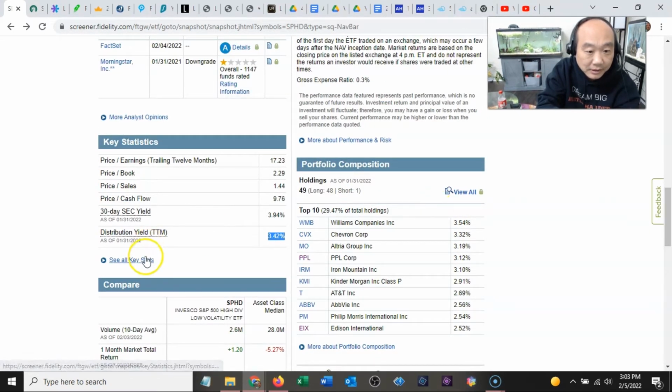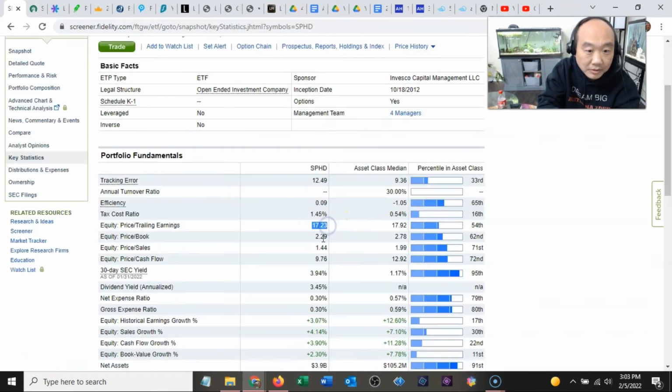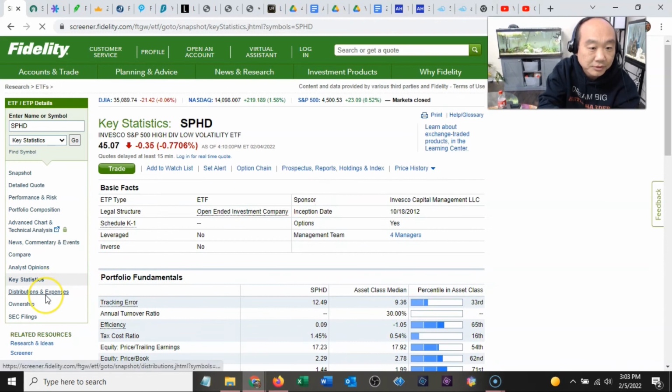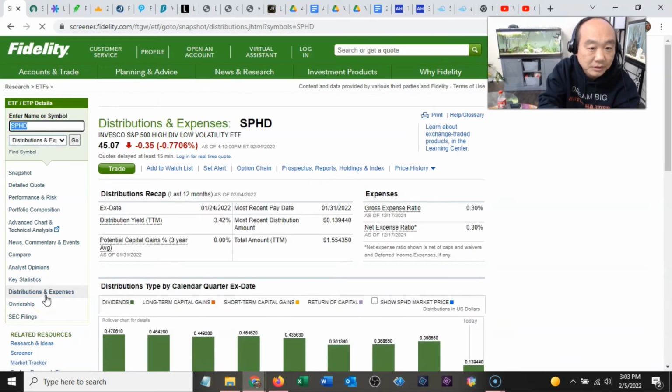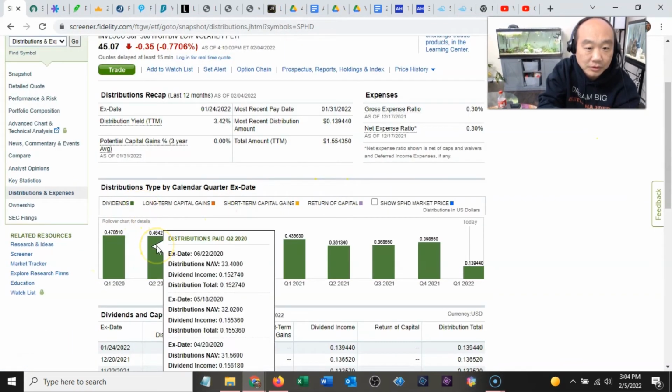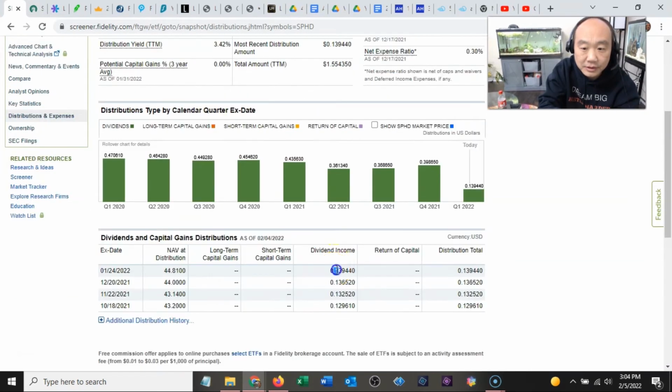So let's take a look at the key stats here. Price to earnings, price to book, price to sales. We've looked at that. And the expense ratio, okay, 3.45 dividend. Historical growth is pretty good. Cash flow is pretty good. Let's look at the distribution and expenses. Distribution Q1, Q2, dividend income.